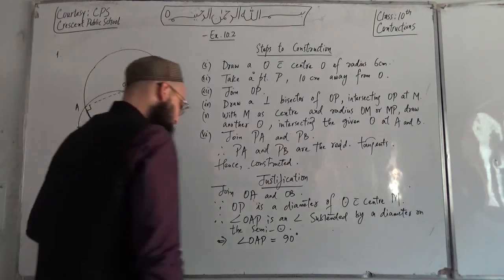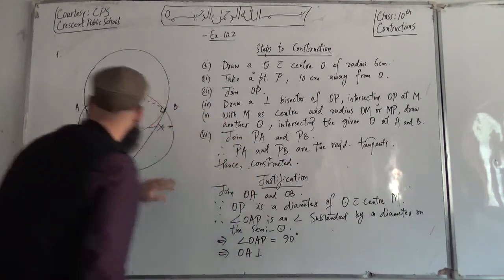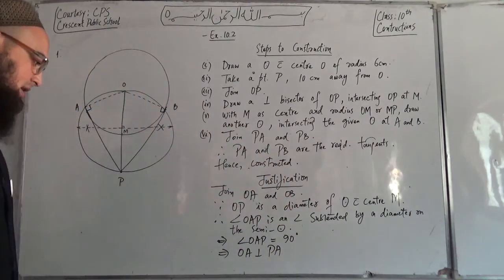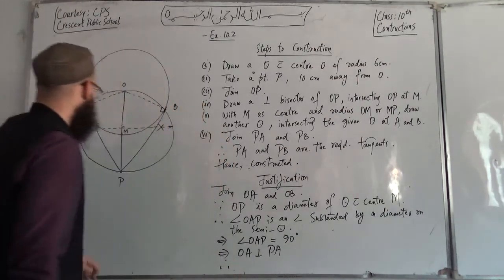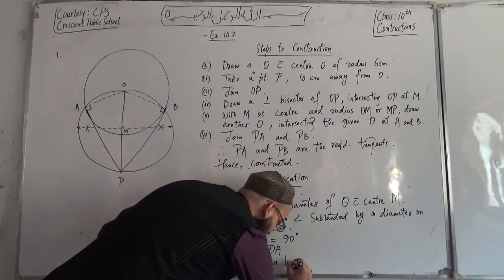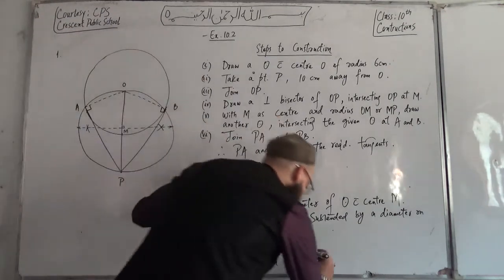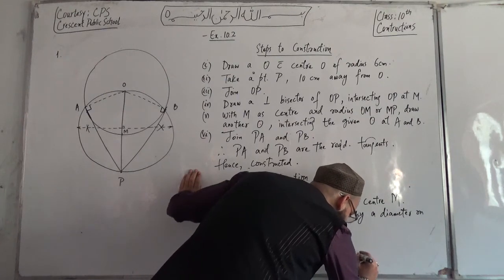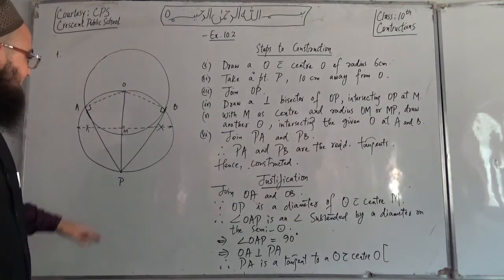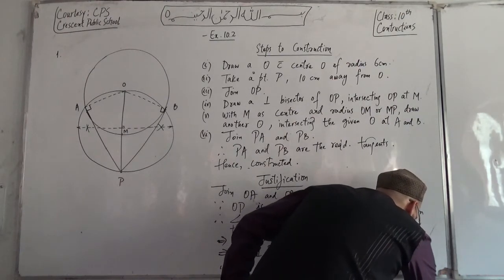Therefore, OA is perpendicular to PA. Therefore, PA is a tangent to the circle with center O. Reason: a radius is perpendicular to the tangent.